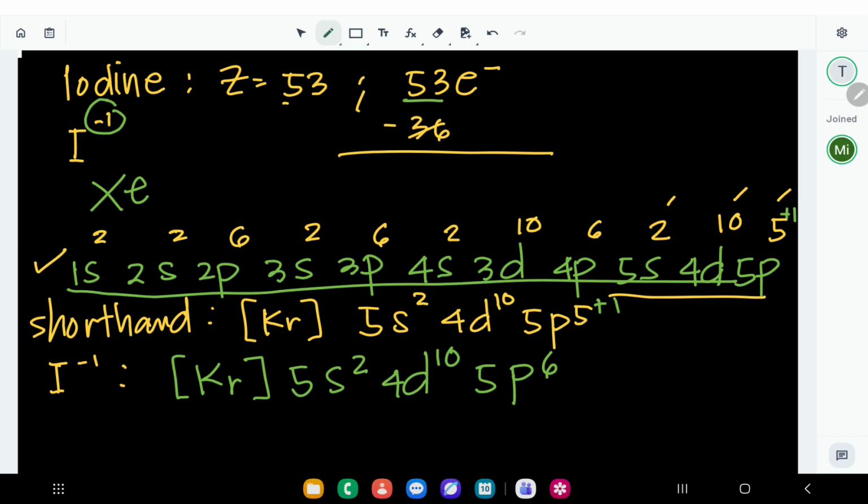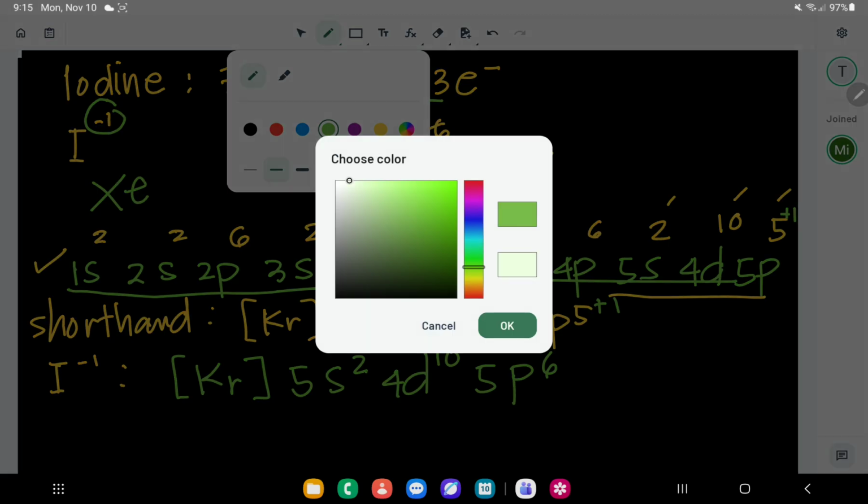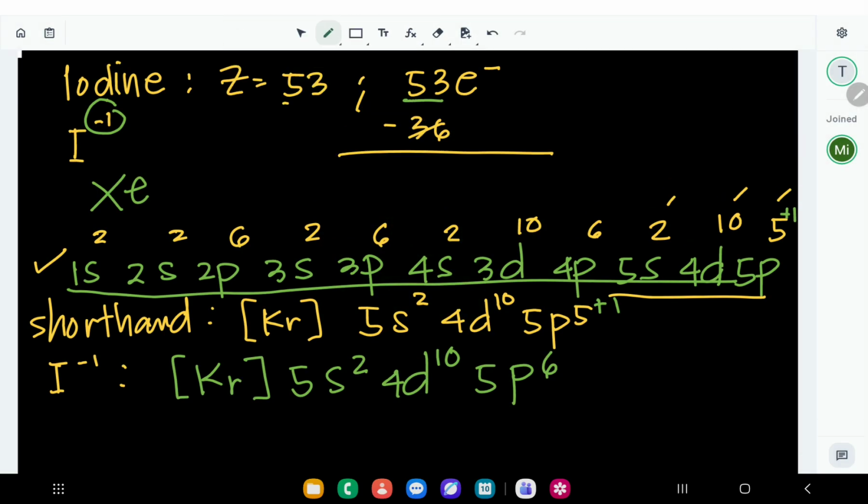Okay, so let me explain again. We are asked for the shorthand electron configuration of the iodine ion. But before doing that, we need to write the longhand electron configuration of iodine first. Before writing it, we need to know its atomic number, and it's 53.